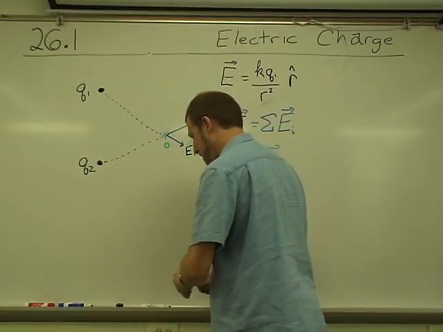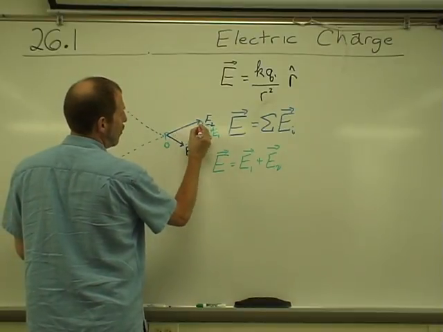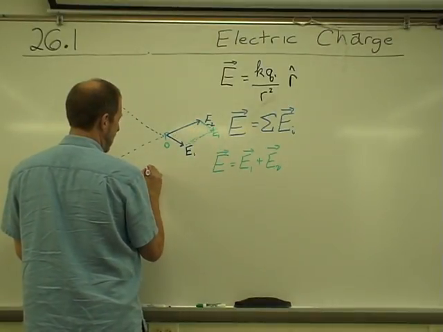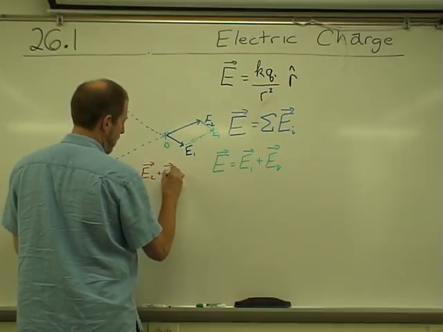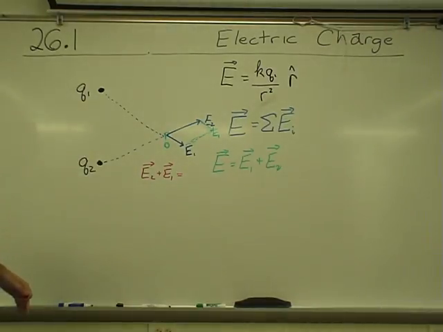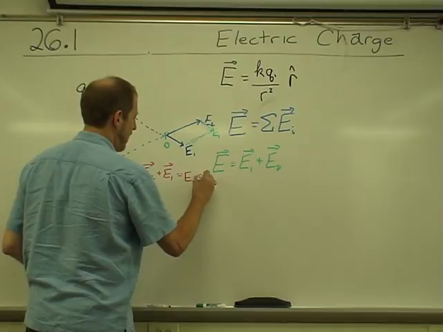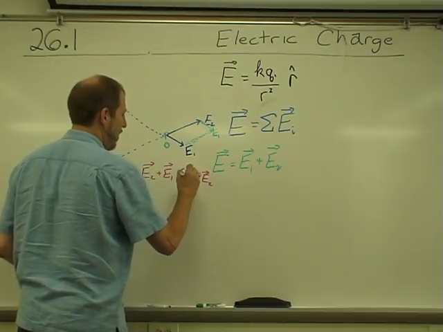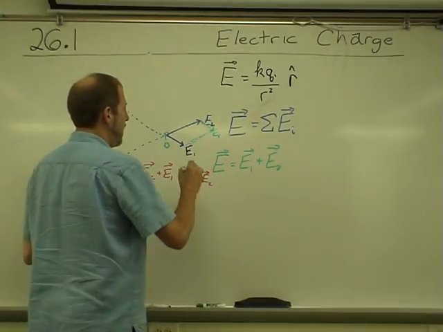And when adding vectors, if I have E2 plus E1, which is, double check this, drawing this in a different direction, it's the same as E1 plus E2. In the case of addition, the order of operations does not matter.